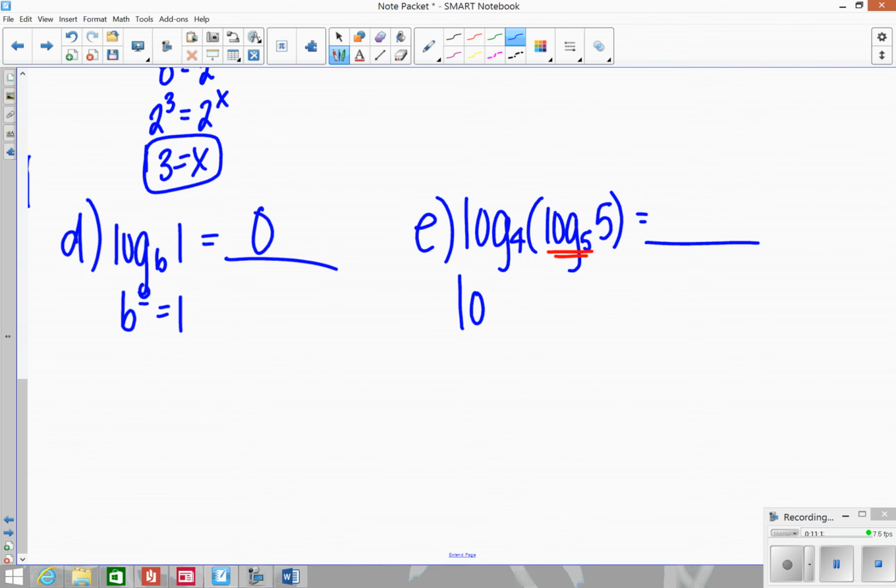So we're going to do log base 4, and in parentheses, remember this is like saying 5 to what power gives me 5? The answer is the first. So this is really just going to end up being 1. Then you ask yourself, okay, 4 to what power gives me 1? 4 to the 0. So this ends up just being 0.